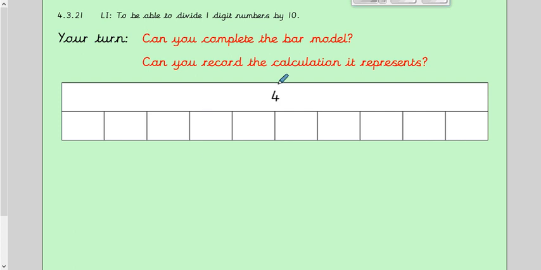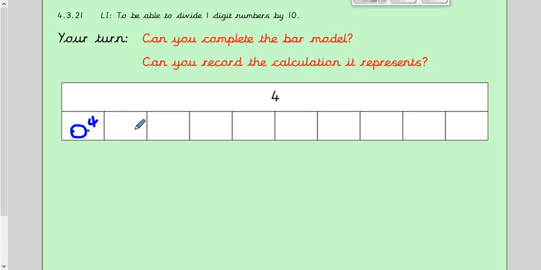So we have 4 as our whole number, and it's been divided up into 10 parts. So imagine it was 40. If it was 40, what would all these be split into? If you did 40 divided by 10, you know that each one would be worth 4. However, we're looking at 4. So therefore each box is going to have 0.4 in.